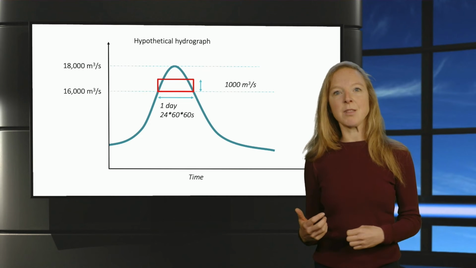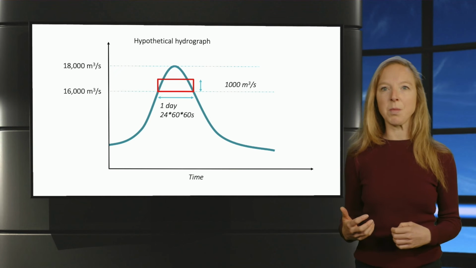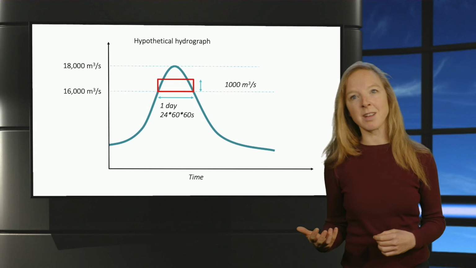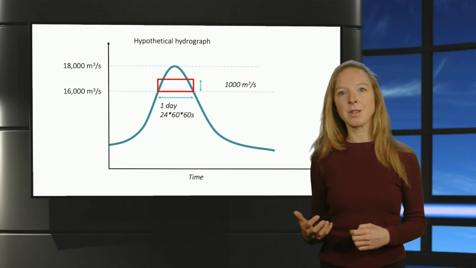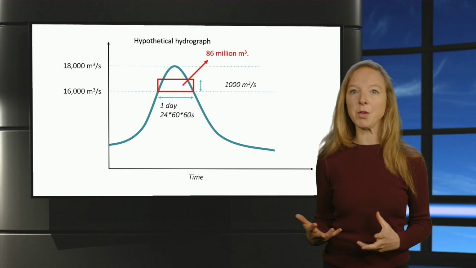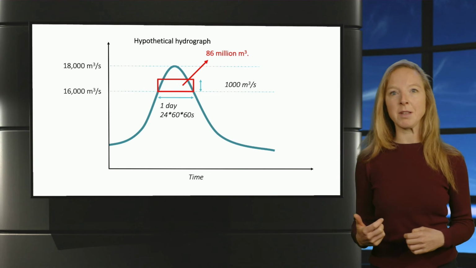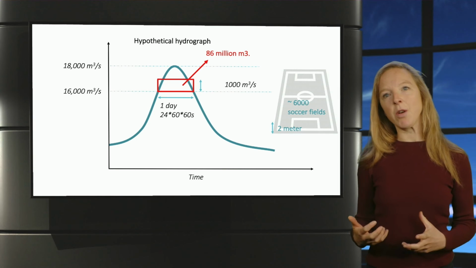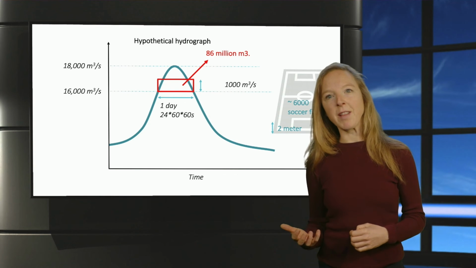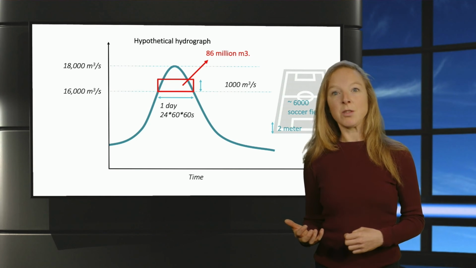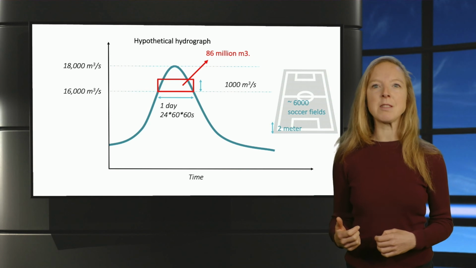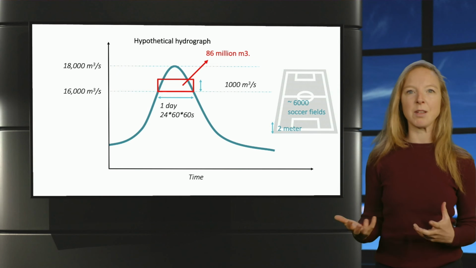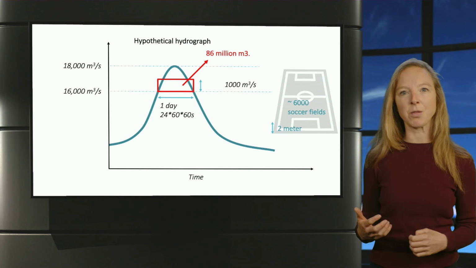If we approximate this with a rectangle of 1000 cubic meters a second high and 24 hours times 60 minutes times 60 seconds wide, we arrive at a volume of about 86 million cubic meters. This equals in the order of 6,000 soccer fields with a flood depth of 2 meters. So water retention requires a lot of space, but can still be desired, especially as droughts are also becoming more frequent in the Rhine basins and many other parts of the world.